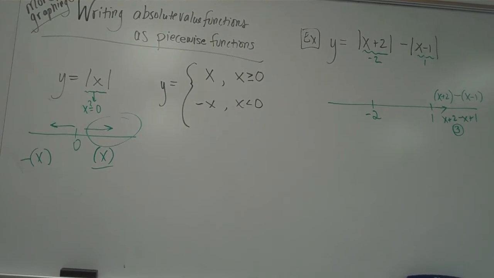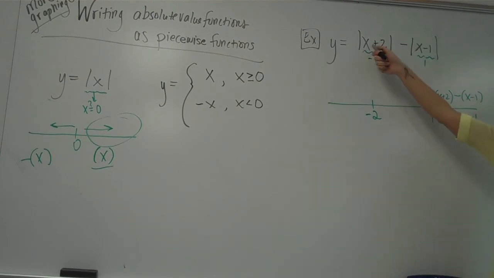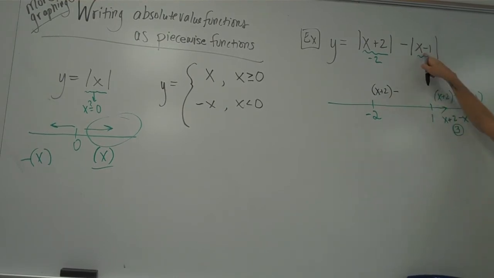Okay, now pick a number in between -2 and 1, and now you'll see what happens if the sign in the bars is different. So let's say I pick 0. 0 plus 2 is 2, so that's fine. The absolute value bars change to parentheses, and I leave it alone. Now, when I pick 0 and I plug it in, I get a negative in those bars. 0 minus 1 is -1.